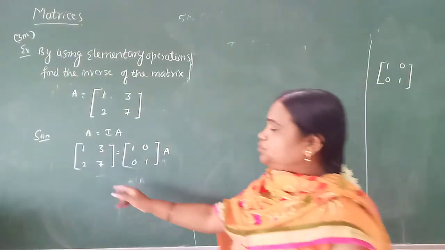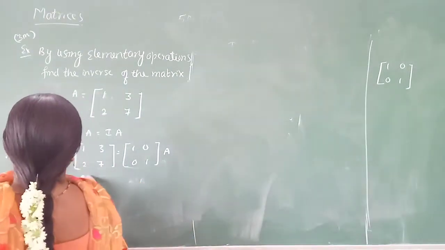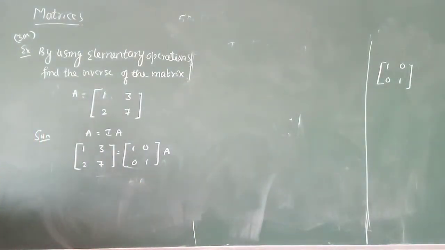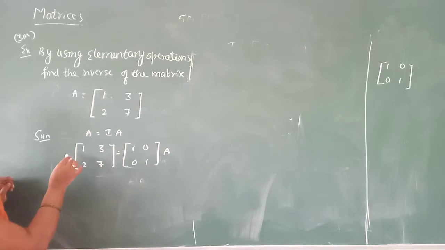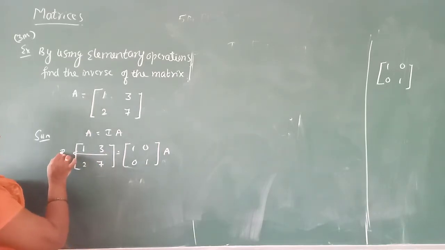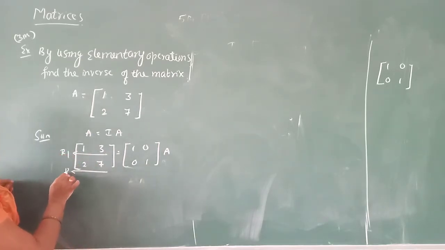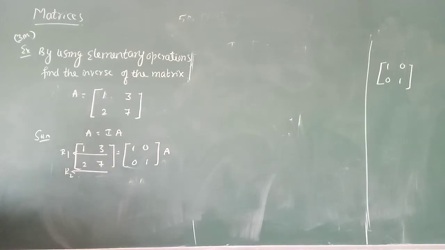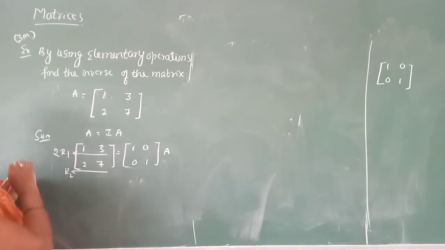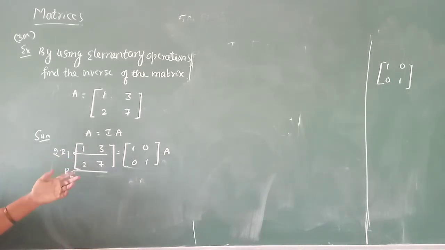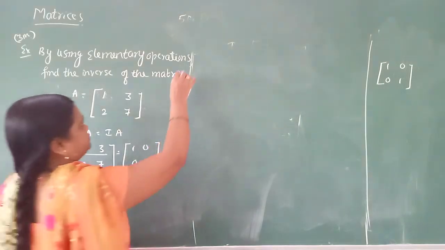Next, this 2 we convert in terms of 0. For that, see, this is the R1 row and this is the R2 row. Not familiar? Now I want to convert this one to 0. For that, what can we multiply here? See, 2, and subtract. We get the 0.